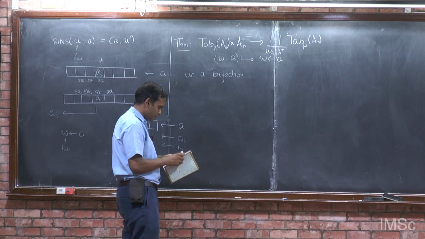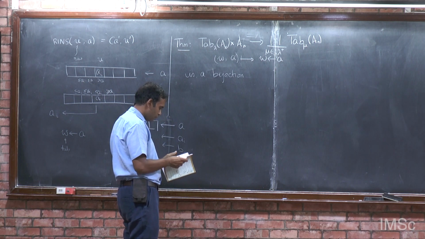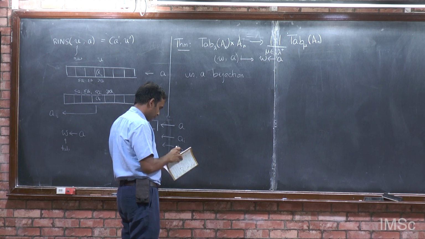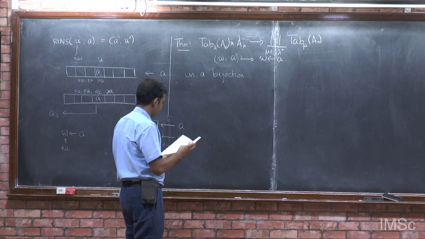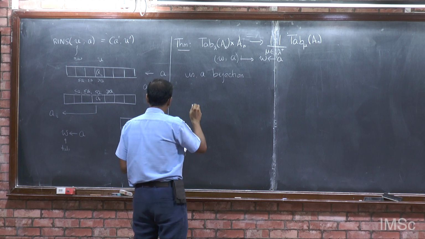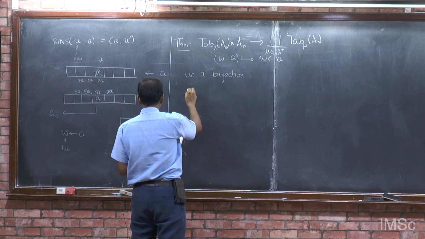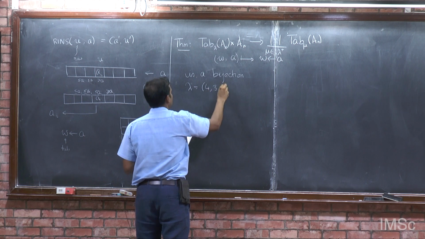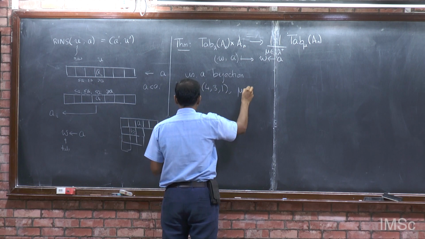Let me explain using an example. Let us say lambda is 431 and mu has to be in lambda plus.